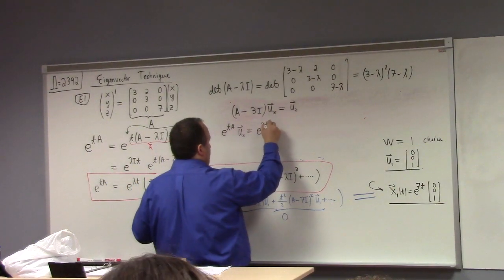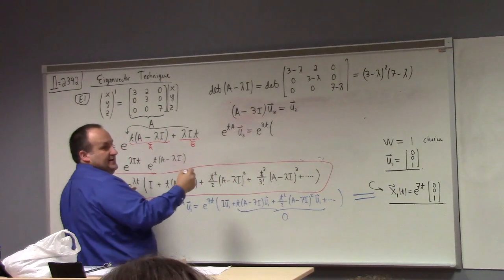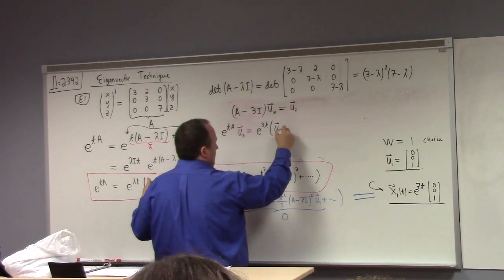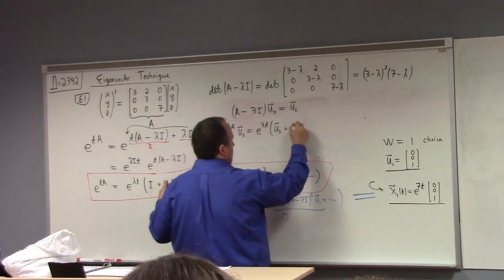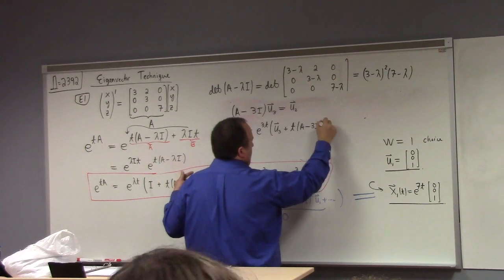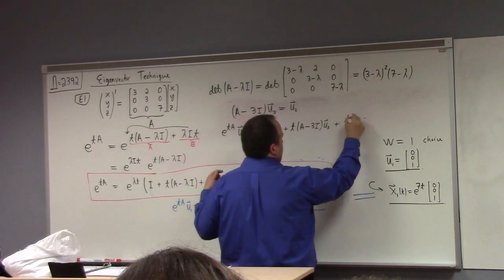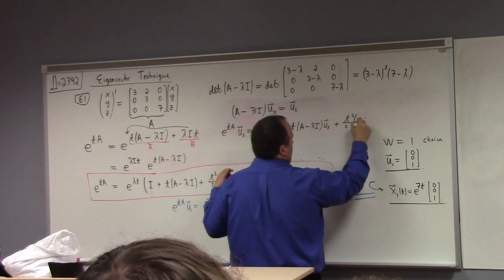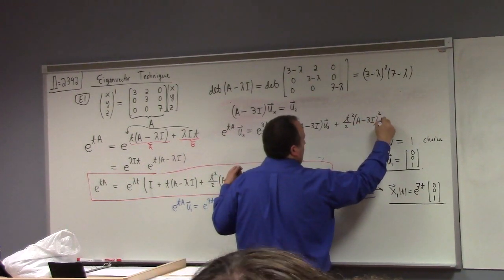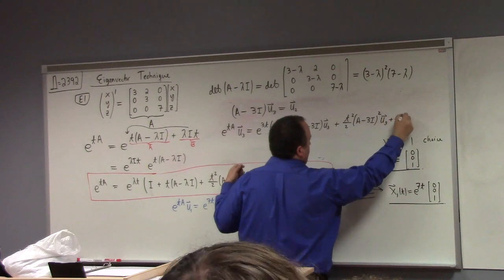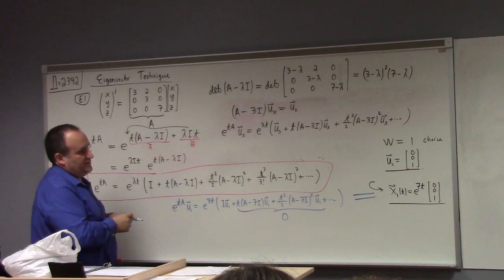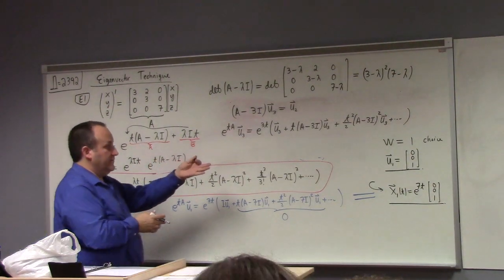So e to the 3t times I times u3, which is just u3, plus t times (A minus 3I) u3, plus t squared over 2 times (A minus 3I) squared on u3, and then plus more terms. But going through what I went through in general, what is this?